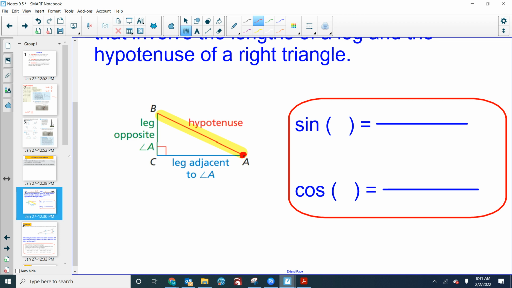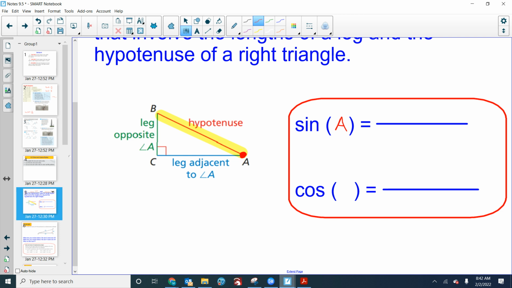Are you with me? The sine of angle A, so in your notes, in this little parentheses here, it's always the sine, cosine, tangent of one of the acute angles. We're not going to use the right angle until algebra 2, pre-calc. So don't worry about that right now.